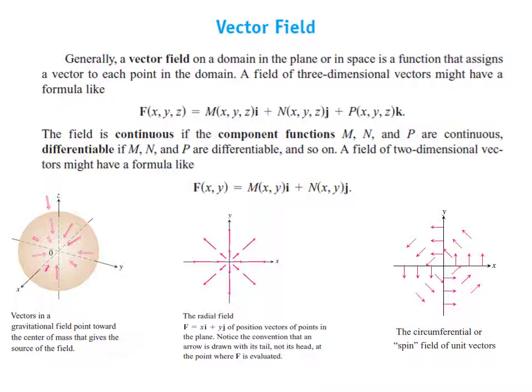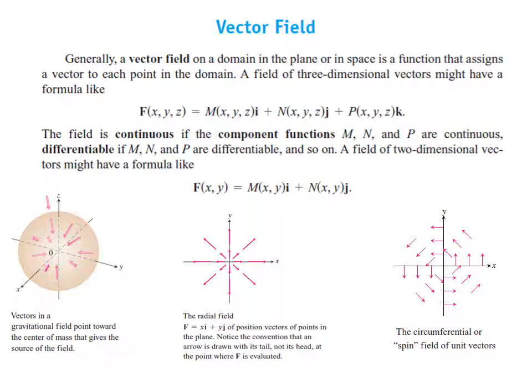So generally, a three-dimensional vector function can be defined as f of x comma y comma z is equal to m of x comma y comma z into i cap plus n of x comma y comma z into j cap plus p of x comma y comma z into k cap.